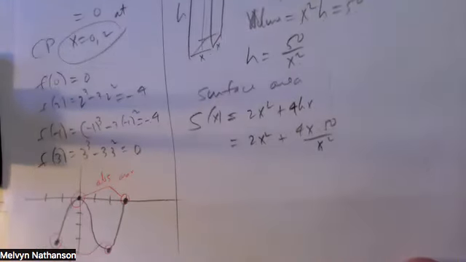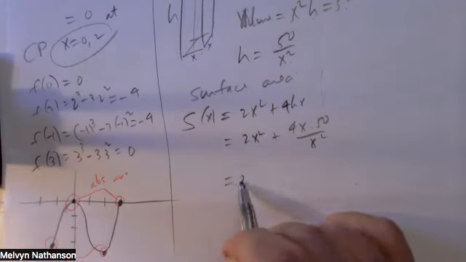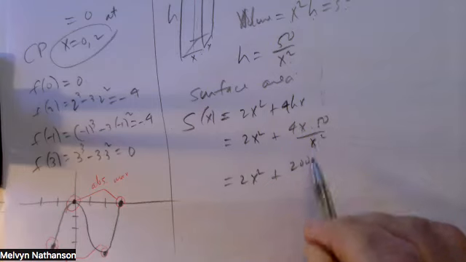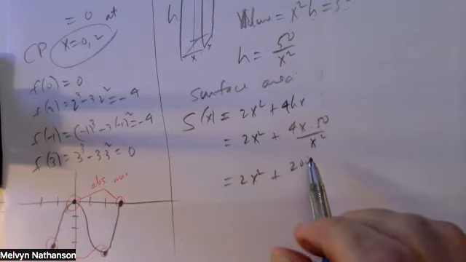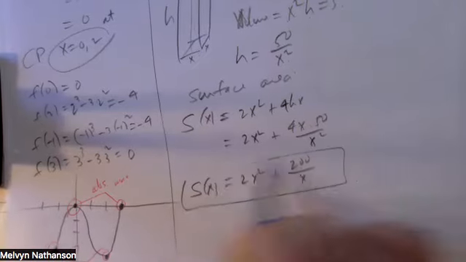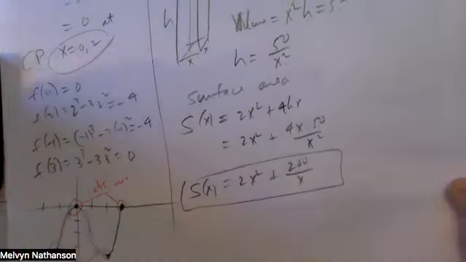If I do my arithmetic correctly, this is 2x squared plus 200 over x, since 4 times 50 is 200, and x over x squared is 1 over x. So this is the surface area of a box of volume 50 and base x squared.